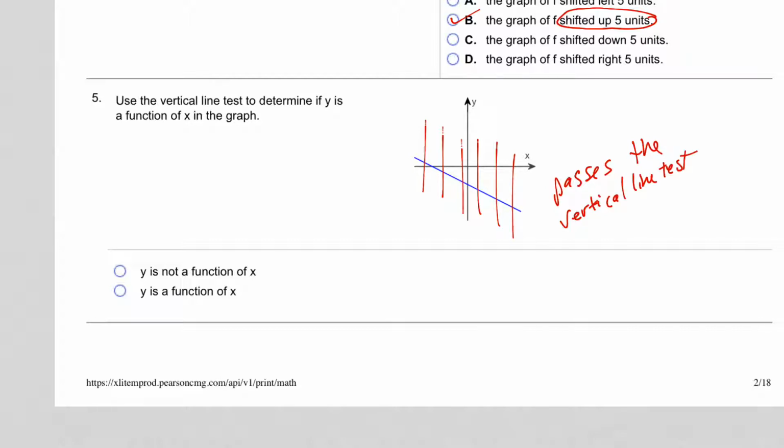So this is a function. Okay. So this also is, this is the visual of the no repeating x values condition or requirement that we talked about before.